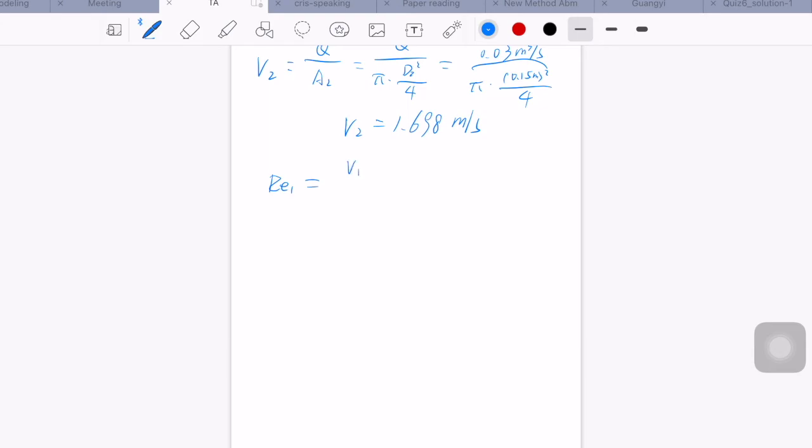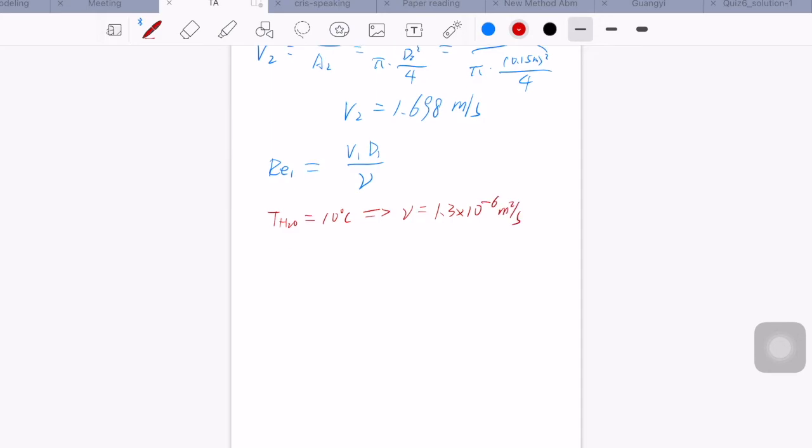So R1 equals V1 D1 divided by nu, and we know the water temperature for this problem is 10 degrees Celsius, so we can determine that nu is 1.3 times 10 to the power of -6 square meters per second.